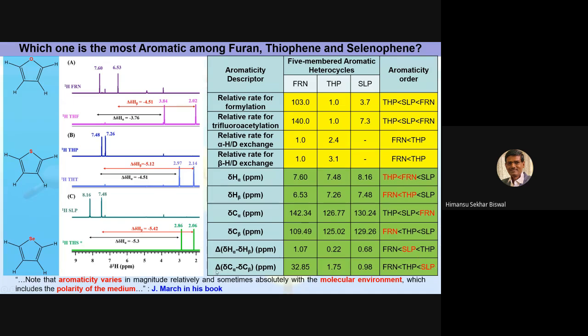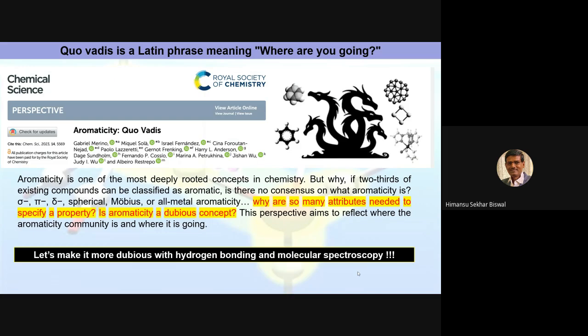So what we propose is, if you look at the differences of the chemical shift with respect to some of the atoms, then it can give a proper order. The question we are asking is whether the furan is the most aromatic or the selenophene is the most aromatic.